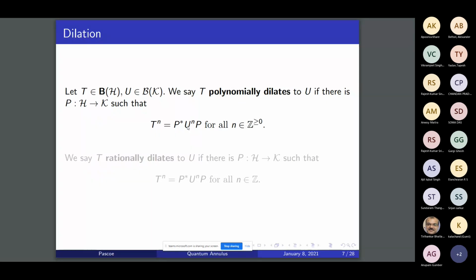So basically you want T to the N to be a compression of U to the N for all non-negative integers N.